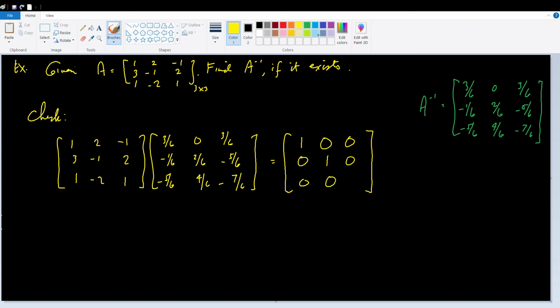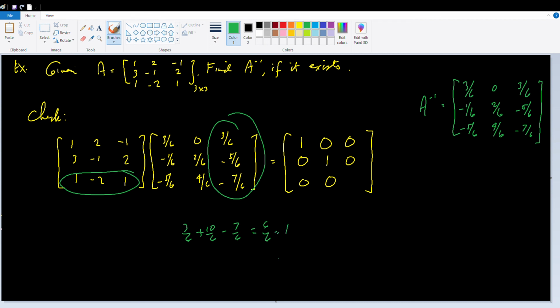And finally, third row, third column. 1 times 3 over 6 is 3 over 6. Negative 2 times negative 5 over 6 is 10 over 6. 1 times negative 7 over 6 is negative 7 over 6. 3 and 10 is 13 minus 7 is 6 over 6 or 1.